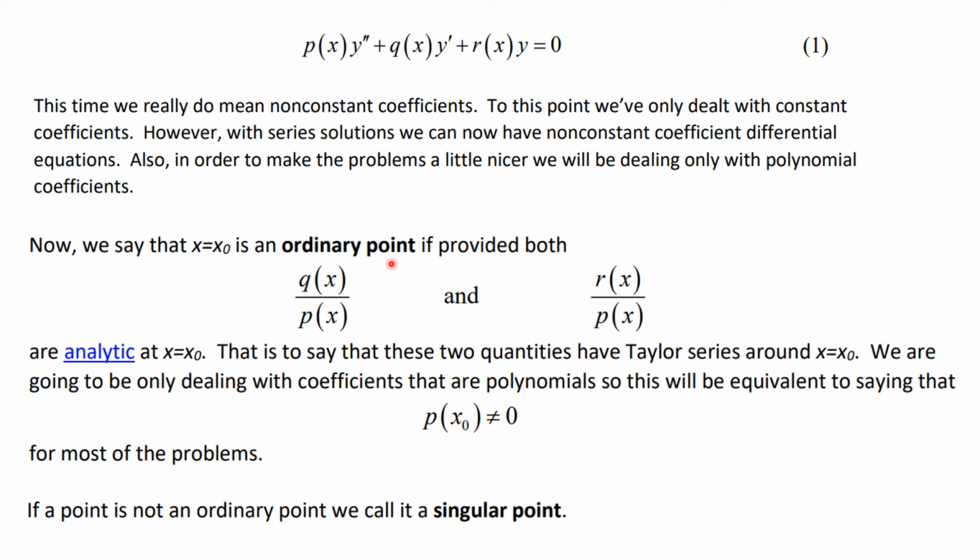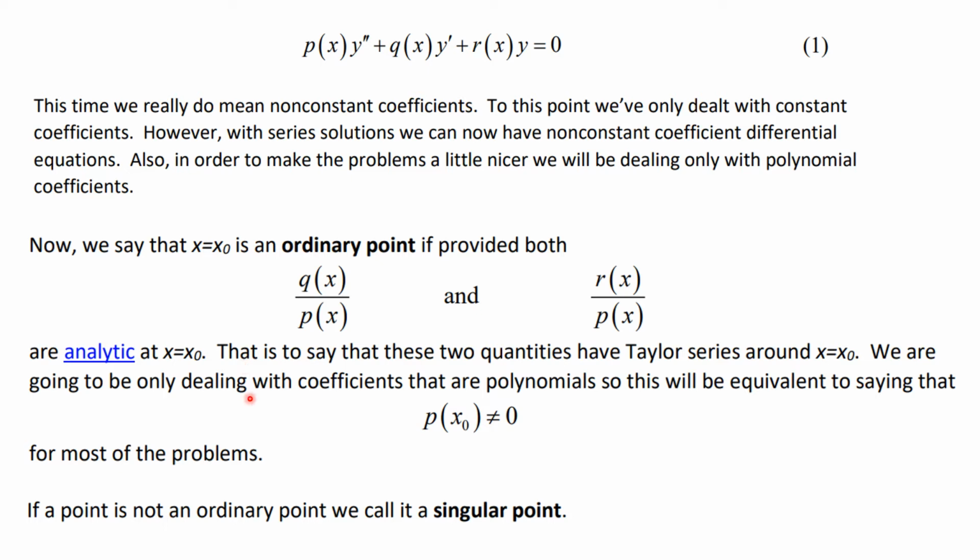Now we say that x equals x0 is an ordinary point provided both Q of x over P of x and R of x over P of x are analytic at x equals x0. Remember, that means that they have Taylor series about x equals x0.